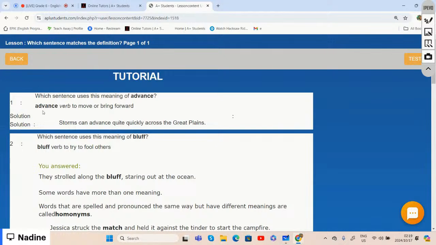Here it says advance is a verb and it's to move or to bring forward. To move or to bring forward, advance. And it says storms can advance quite quickly across the Great Plains. They only gave us one sentence, basically.